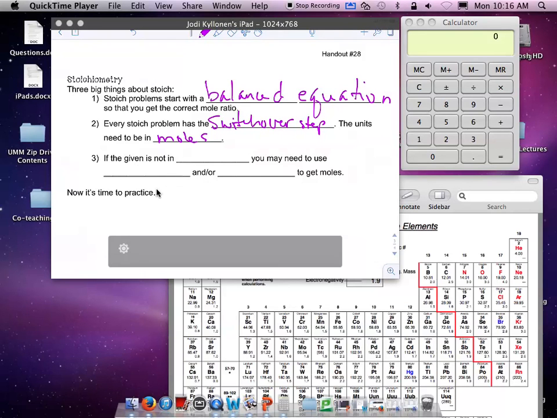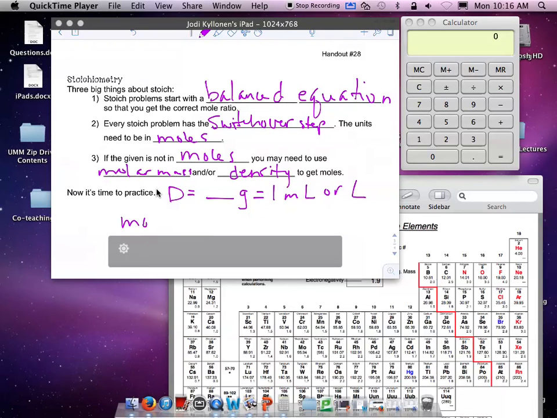So, like I just said, if the given is not in moles already, you may need to use molar mass or even density to get to moles. Because remember, density equals the number of grams equal to 1 milliliter or liter. So that might help you cancel it.